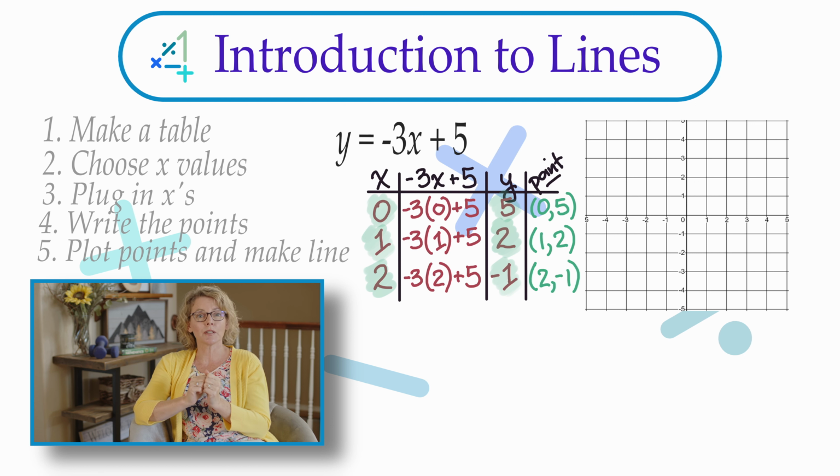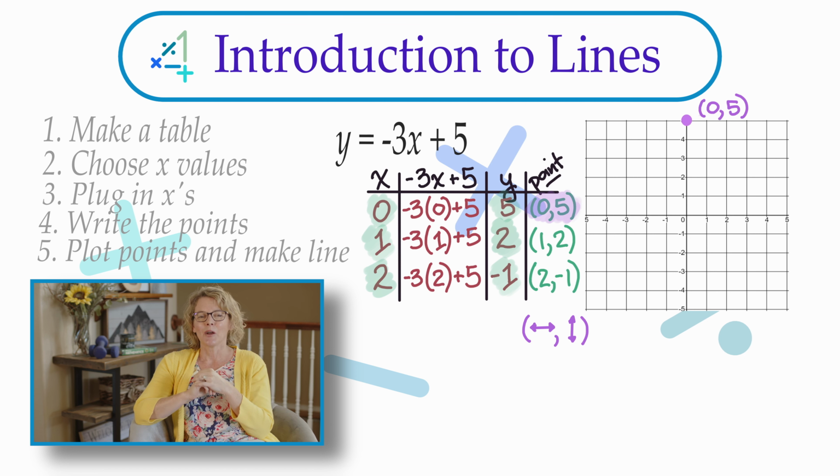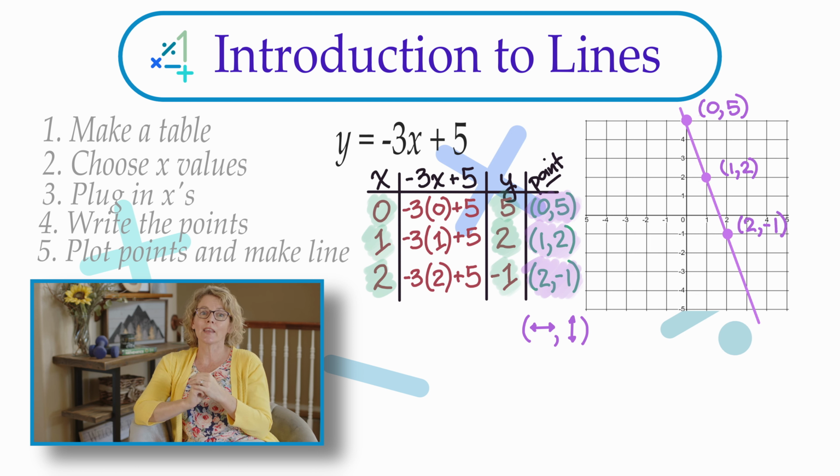Remember that the first number, the x, tells us how far to go left or right, and the second number, the y, tells us how far to go up or down. 0, 5 is here. Move over 1 and up 2 for this one, and over 2 down 1 for the last point. Then we draw a line through our points like this and draw arrows.